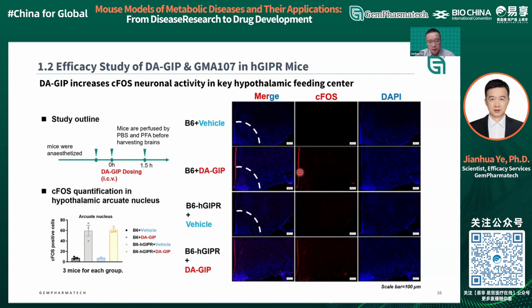As we can see from the staining, after the dosing of the DAGIP, the c-Fos gene is activated in the normal B6 mice. And similarly, in our B6 humanized GIP receptor mice, we get the same result. So these results together prove that the human GIP receptor protein works normally in our humanized mice.